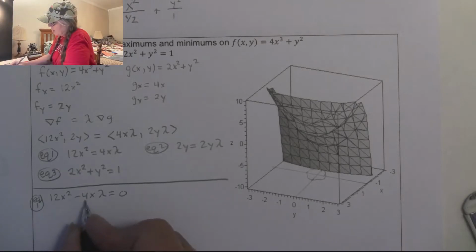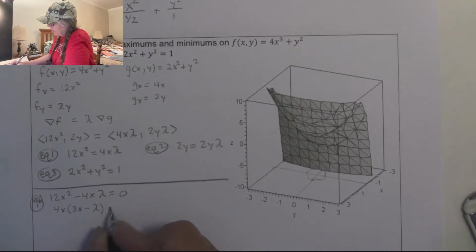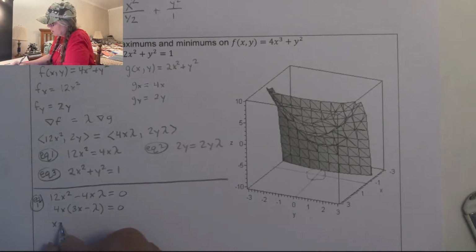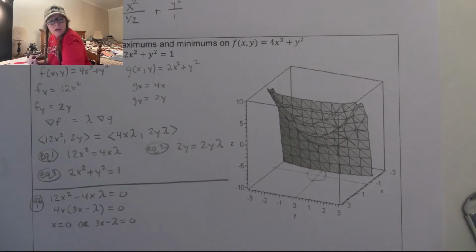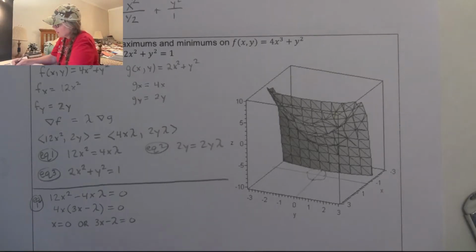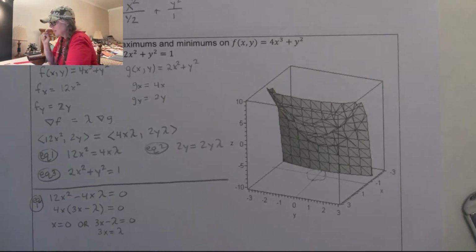I can factor out a 4x here, and that gives me 3x minus lambda equals 0. And so setting the pieces equal to 0, I get x is equal to 0, the outside 4x equals 0, so x is 0, or 3x minus lambda equals 0. And that tells me that 3x equals lambda. And we'll see about that.